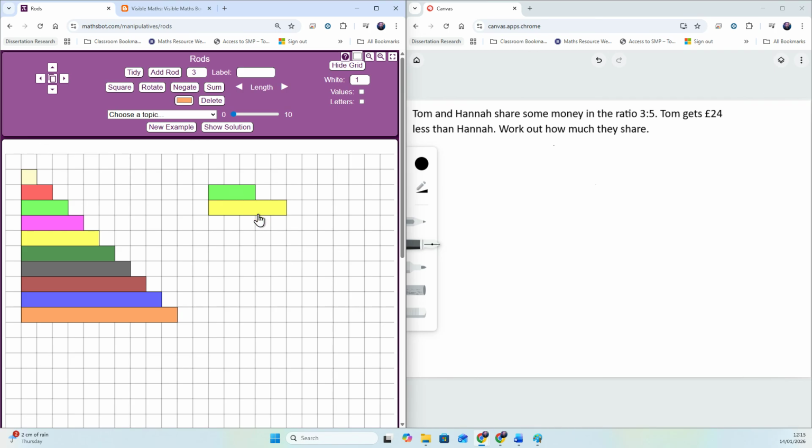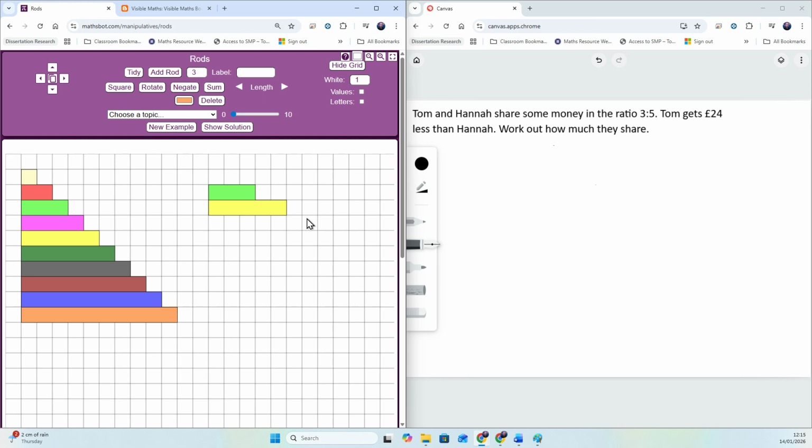So we've got this ratio 3-5, and we go through the usual stuff that I would go through. Okay, so which one of these represents Tom's share? And obviously Tom is the green because he's the 3. Which represents Hannah's share? Hannah's the 5, so she's the yellow rod. And then, as I did in my previous video, we'd start with: tell me about the relationship with these rods.